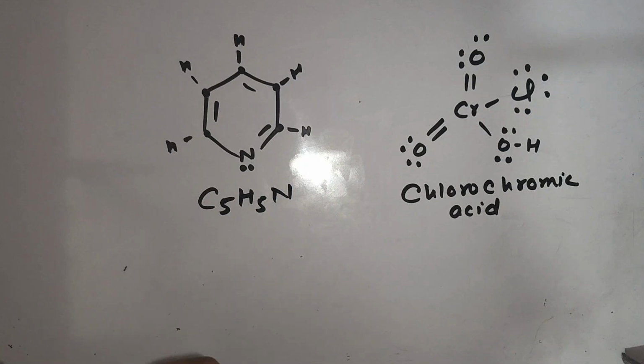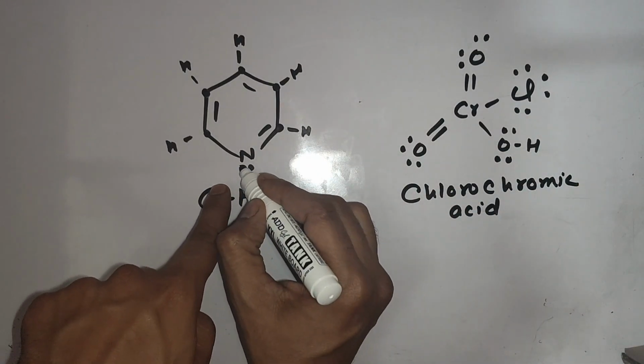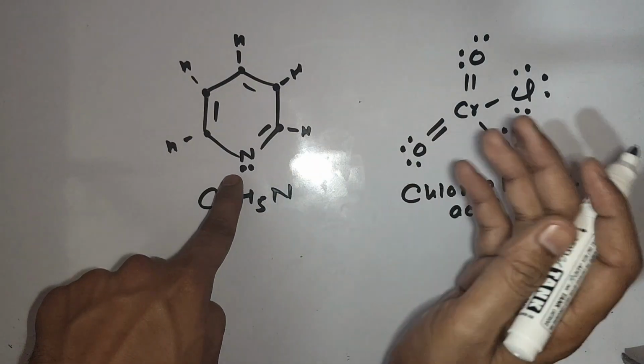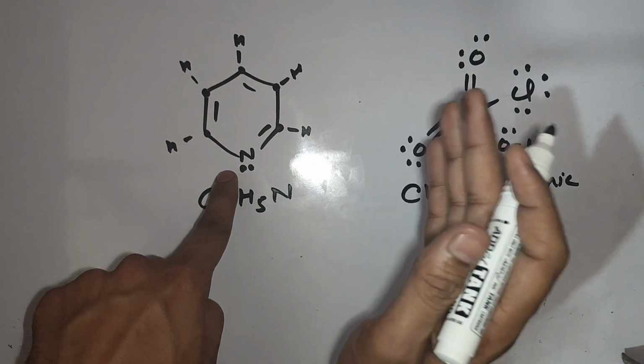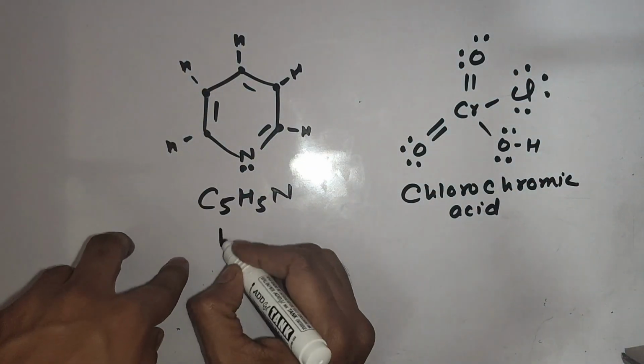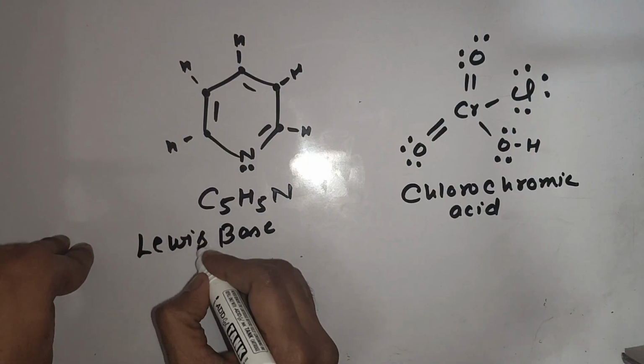This one, C5H5N, pyridine. It is a base because this lone pair is there on nitrogen. So with the help of this lone pair, it can gain H positive. The molecules which can gain H positive, we can call them base. So it's a base. And what kind of base it is? Such bases are known as Lewis base.